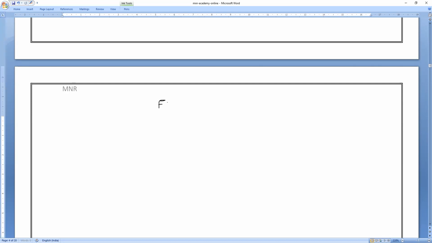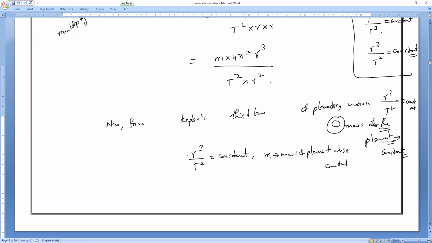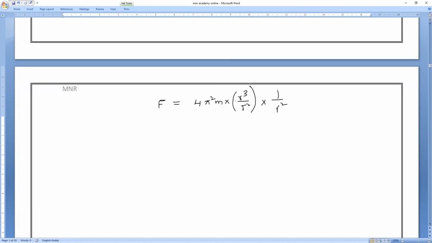So I will write F is equal to 4 pi square m into r cube divided by T square into 1 by r square. I have written m into 4 pi square into r cube by T square into 1 by r square.